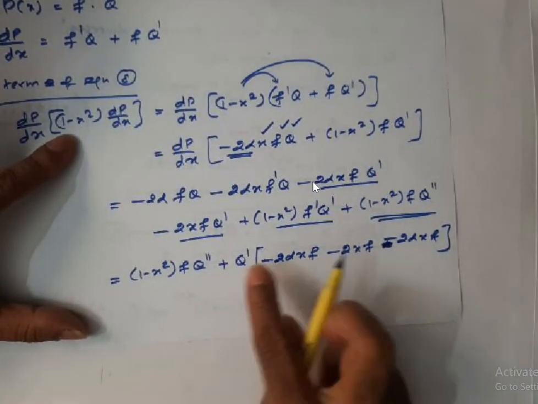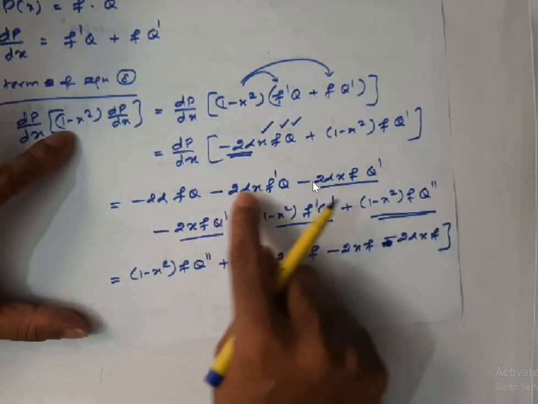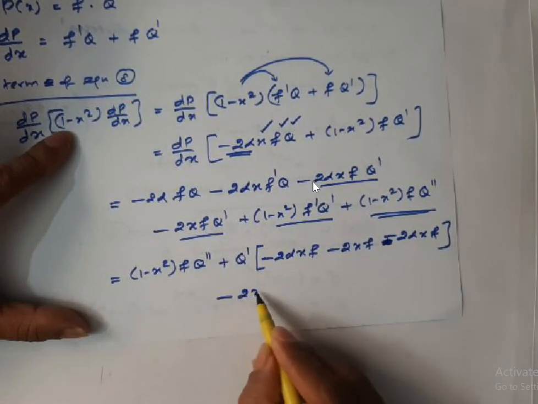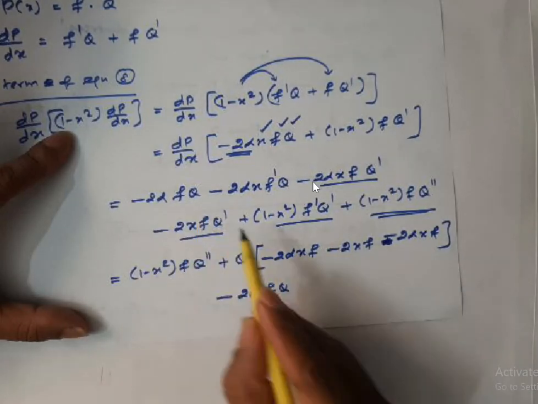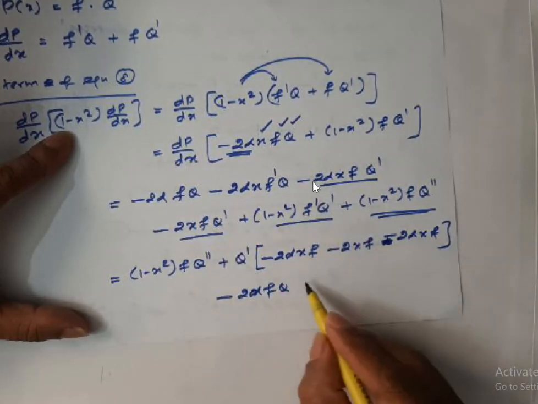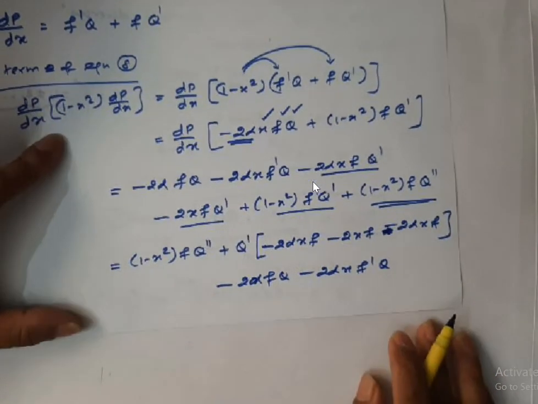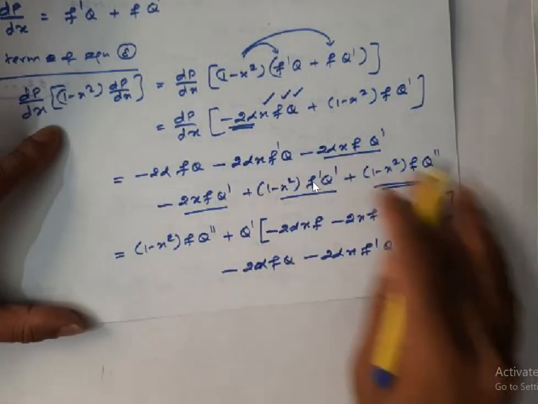Okay, so we have considered all the q prime terms, right? Then the remaining terms. What are the remaining terms? We have 2 alpha f q, the first term, and the second term, that is minus 2 alpha x f dash of q. Okay, we have taken into account all these terms.